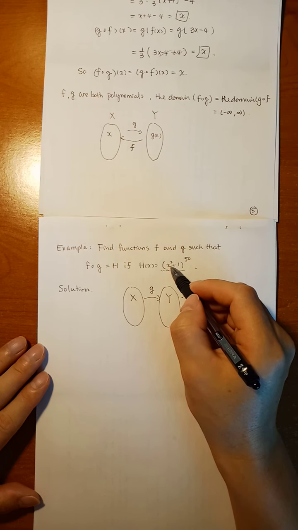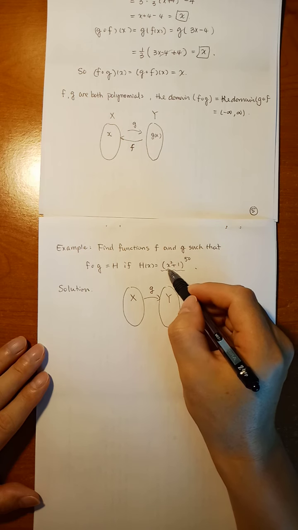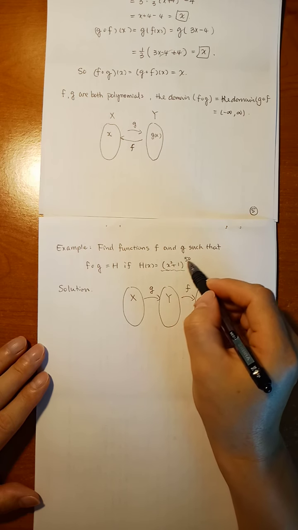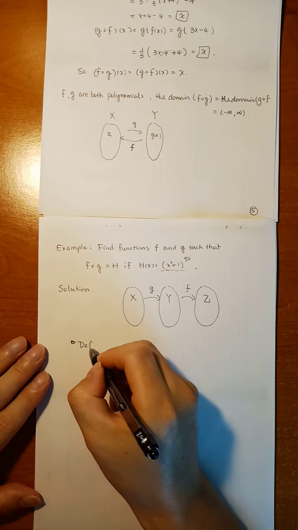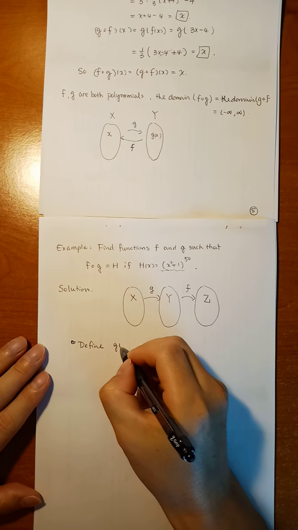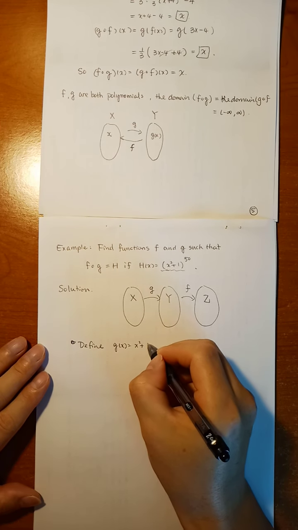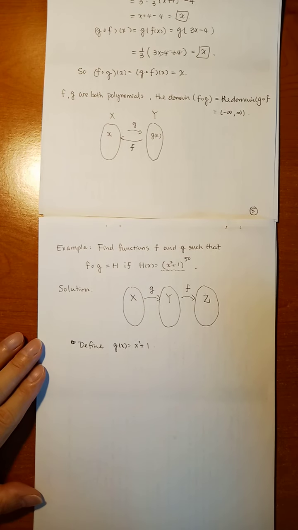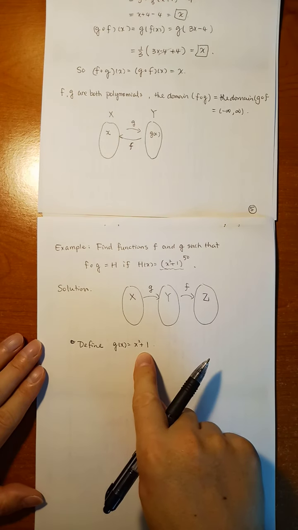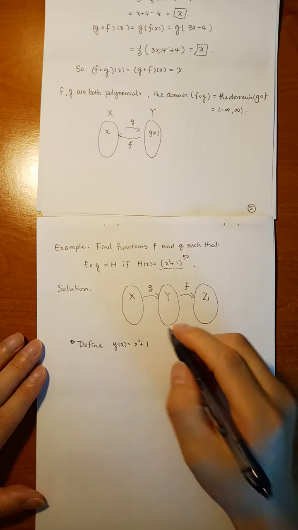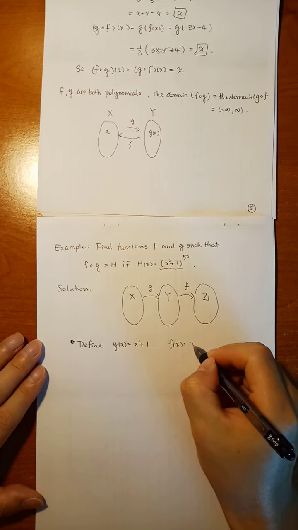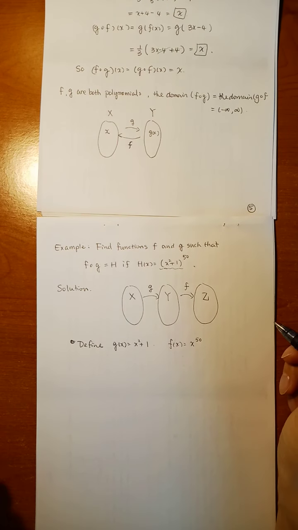Whenever you have input x, you apply this operation x squared plus 1. You find a value. After you get this value, you take the 50th power.